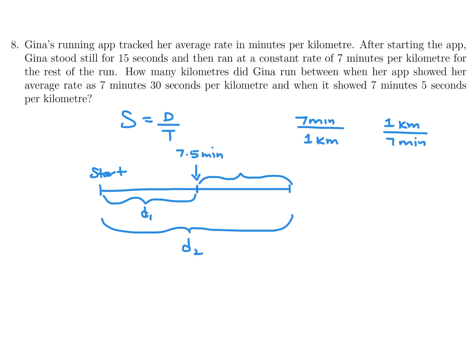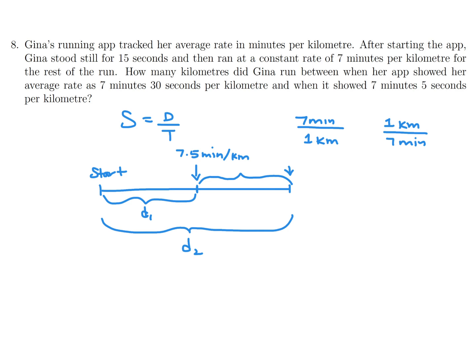minutes per kilometer. Again, very confusing since we usually give speed as kilometers per minute or kilometers per hour. And then at this point, this is when her average is 7 minutes and 5 seconds. So whatever that works out to, 7 and 1 over 12, is it?